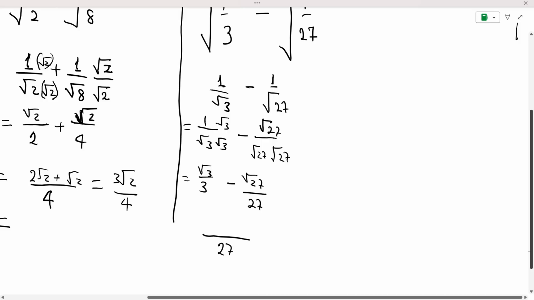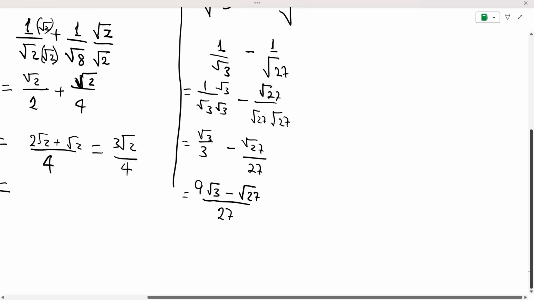So 27 divided by 3 will give us 9. So we have 9 root 3 minus 27 divided by 27 is 1 times root 27. We'll have root 27. So we need to simplify this expression further now.